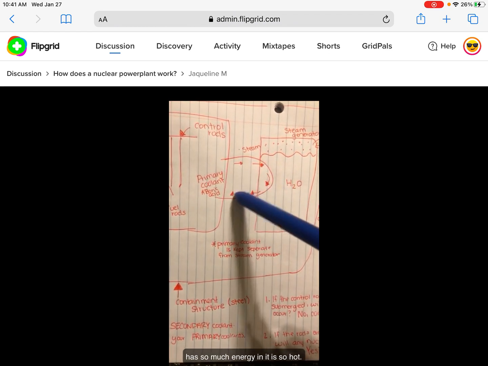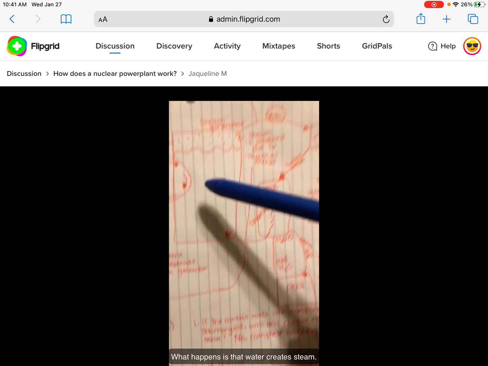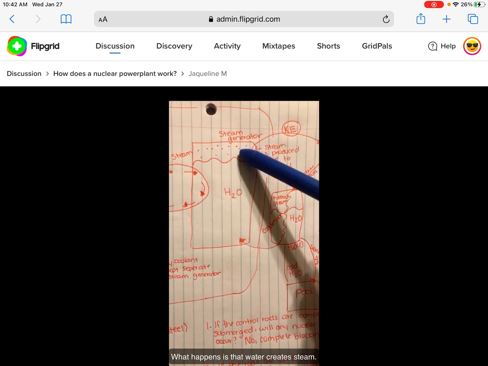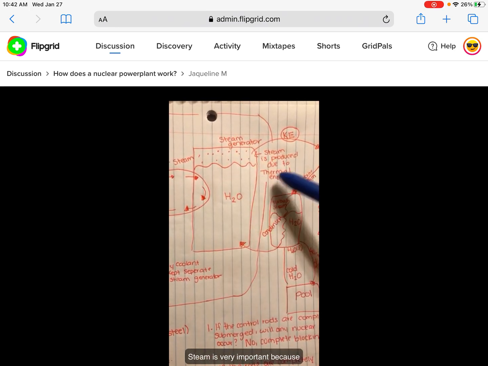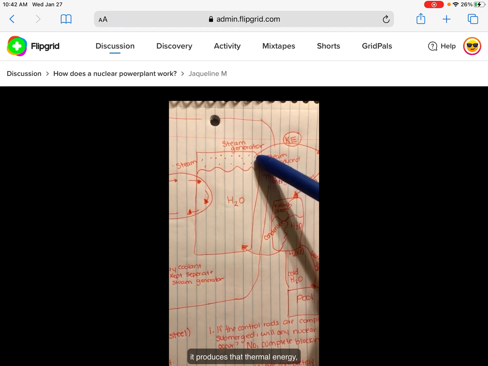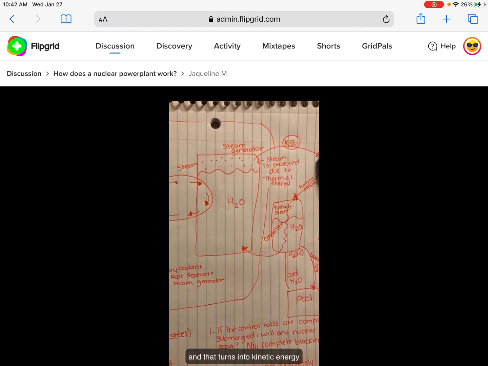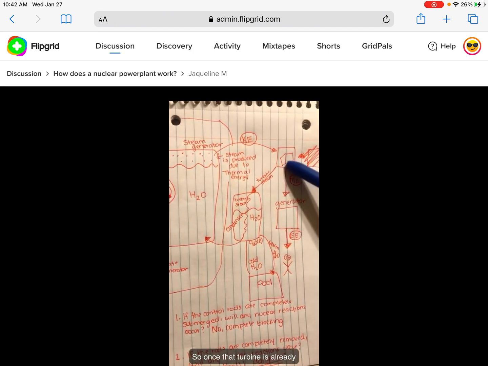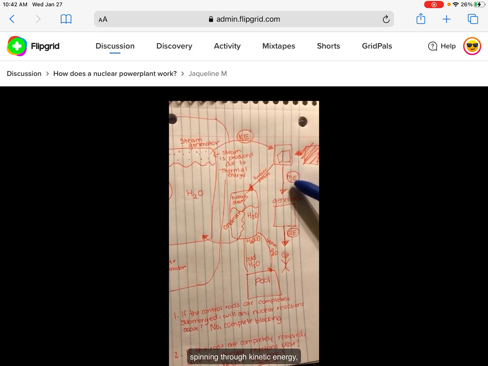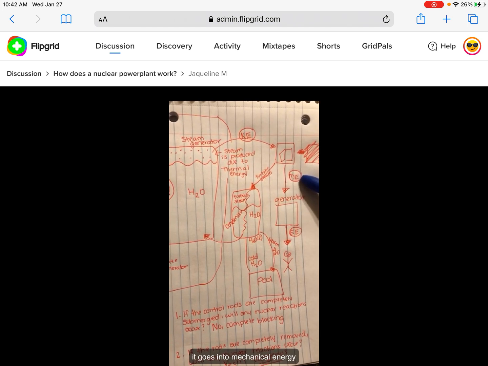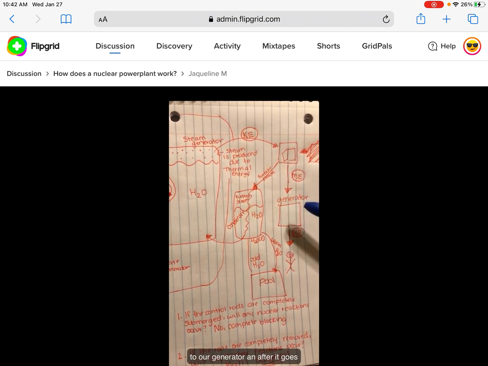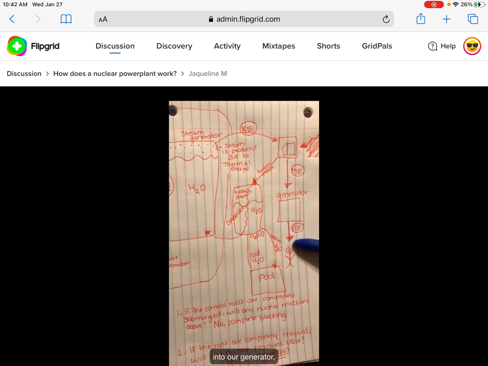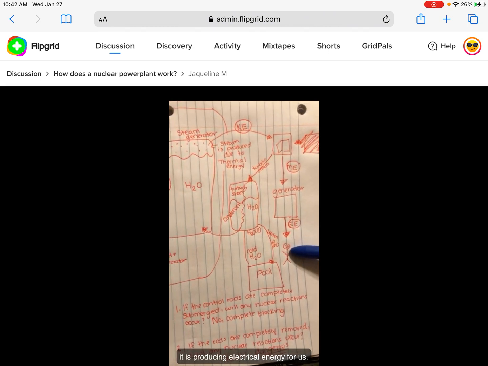Because this reaction has so much energy and it is so hot, what happens is that water creates steam. Steam is very important because it produces that thermal energy, and that turns into kinetic energy that helps spin that turbine. So once that turbine is already spinning through kinetic energy, it goes into mechanical energy to our generator, and after it goes into our generator, it is producing electrical energy for us.